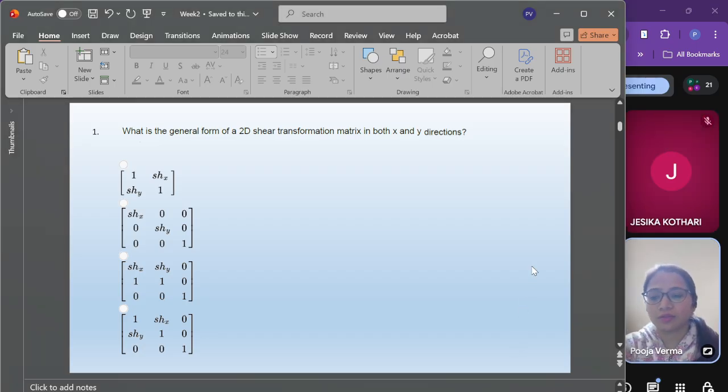This is our first question for this week. What is the general form of the 2D shear transformation matrix in both x and y directions? These are the options. Which option can be the correct one?